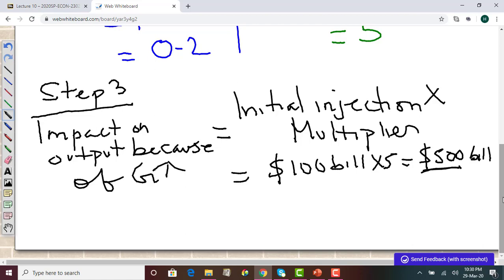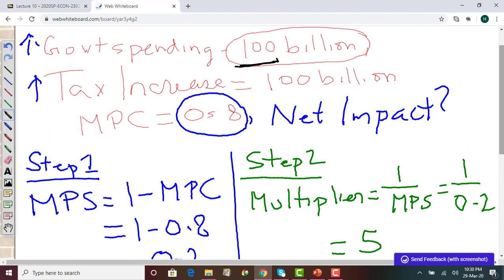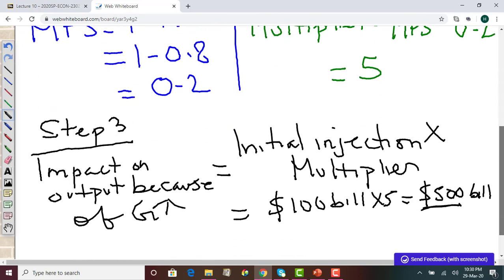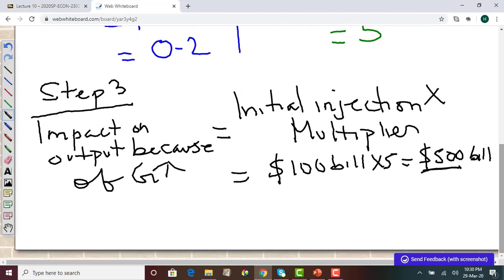Okay, now, the government is financing this increase in spending through taxes. So taxes are also going up by $100 billion. So there is an impact of that on the economy. So what is that impact? Let's calculate that.